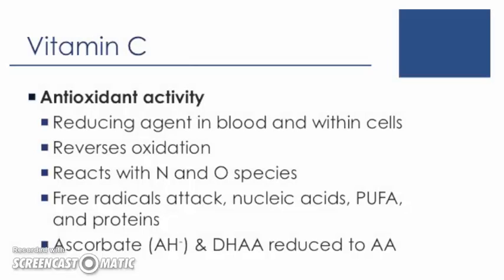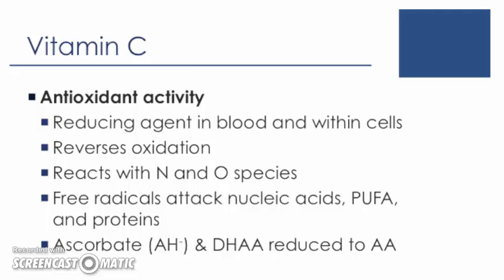Vitamin C plays a significant antioxidant role in the body. It specifically acts as a reducing agent in the blood and within cells. It reverses oxidation, and it's in its ability to itself become oxidized that it reacts with varying nitrogen and oxygen species. This is important because free radicals attack nucleic acids, polyunsaturated fatty acids, and proteins.